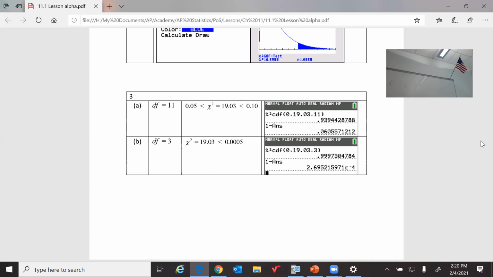So they said, okay, let's compare this. Ready? If we had 11 degrees of freedom versus 3 degrees of freedom. The same test statistic. So you go here on your calculator. Go to second distribution.